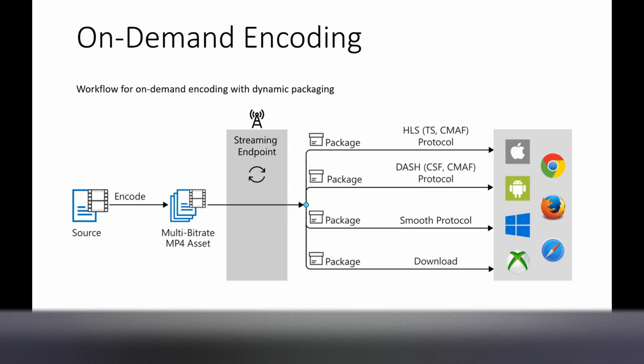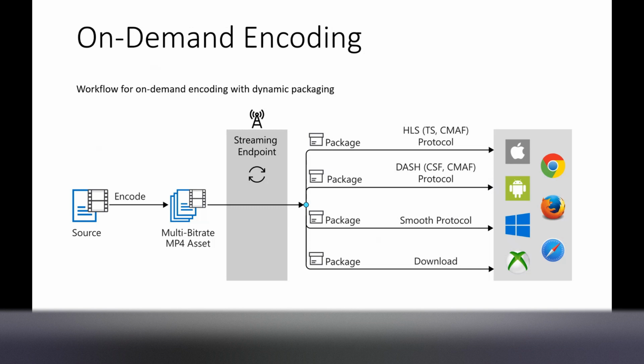Okay. Let's talk about some of the key scenarios here. For example, I'm referring to on-demand encoding, where you have a multi-bitrate MP4 asset and you have different devices with different capabilities. You have Apple, you have Android, you may have a Windows machine, you have different browsers, and it can do this multi-bitrate encoding to address the needs of different devices.